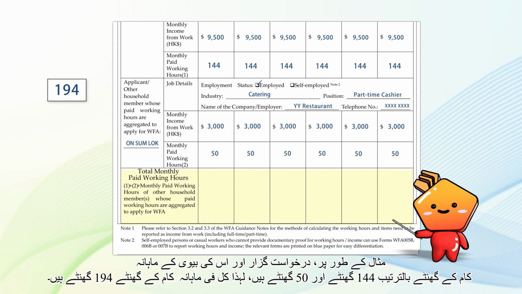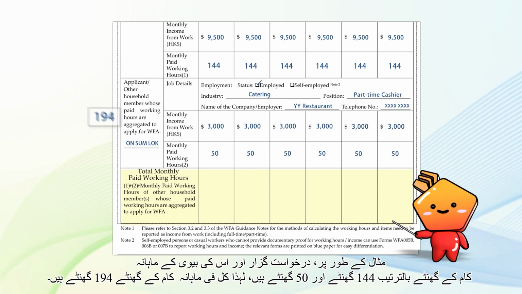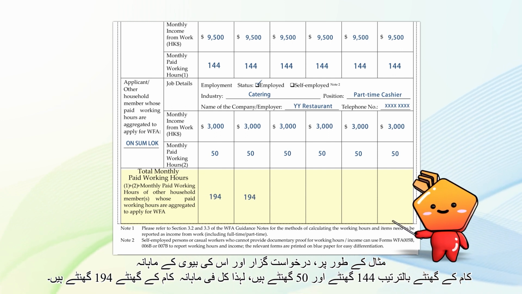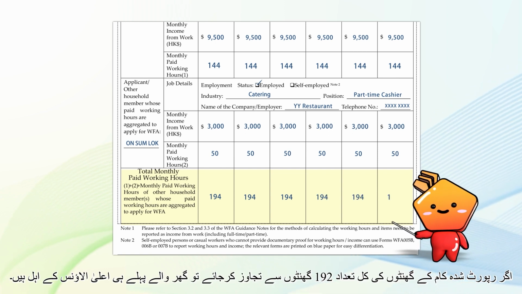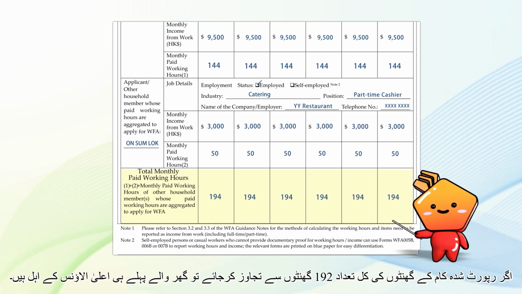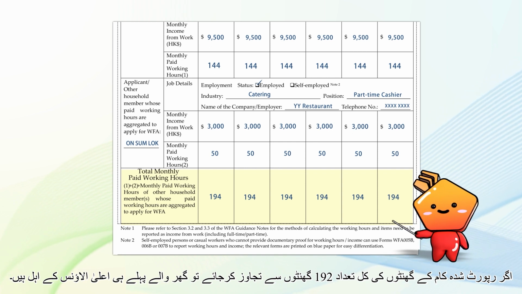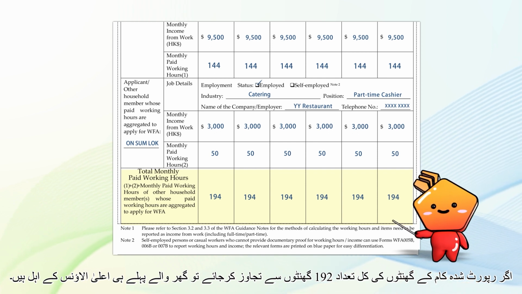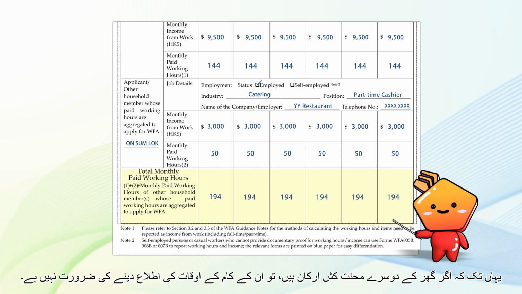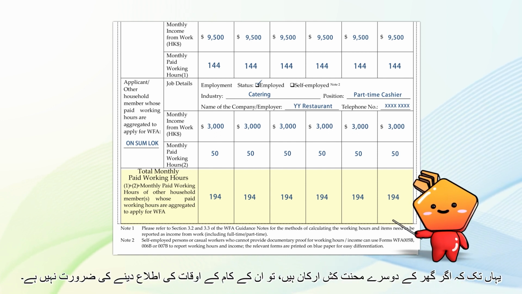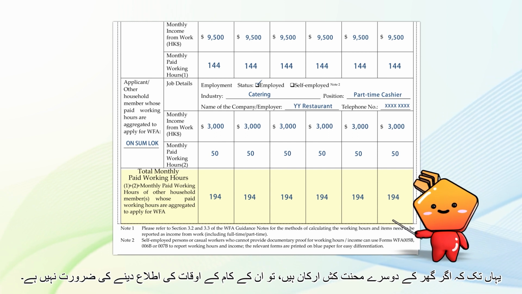So, the total monthly working hours are 194 hours. If the total number of working hours reported exceeds 192 hours, the household is already eligible for higher allowance. Even if there are other working household members, there is no need to report their working hours.